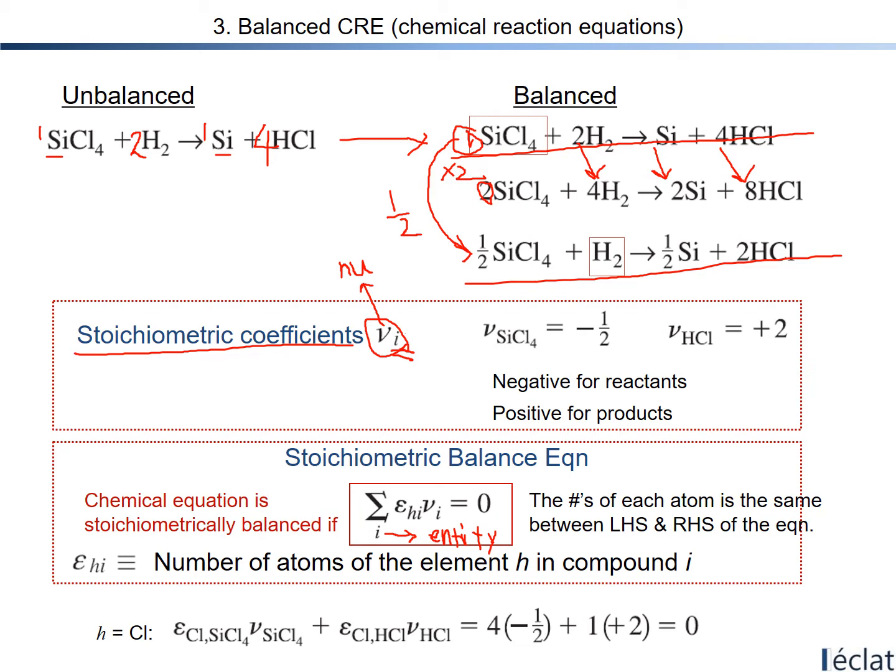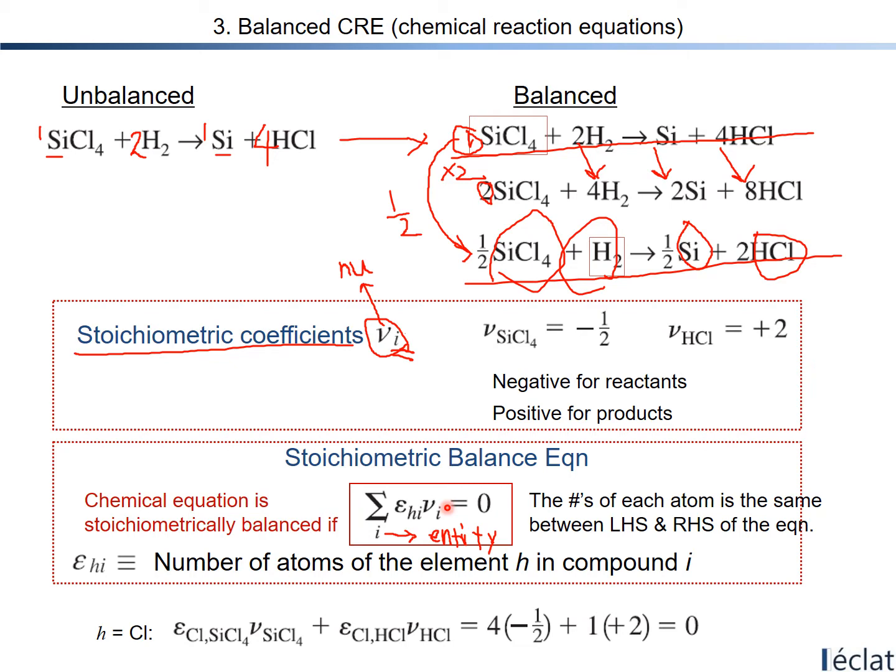So for example, I should be silicon tetrachloride, hydrogen, silicon, or HCl. Okay, that is I. And then nu I, of course, is the stoichiometric coefficient of each entity.